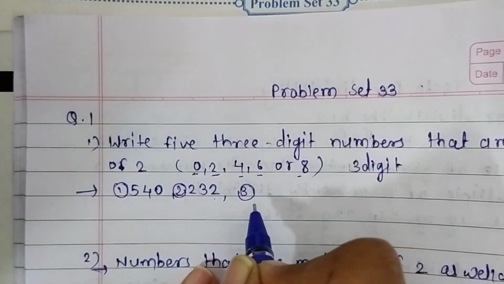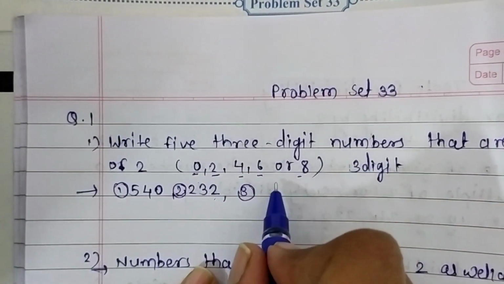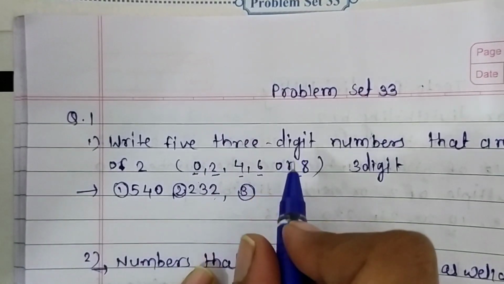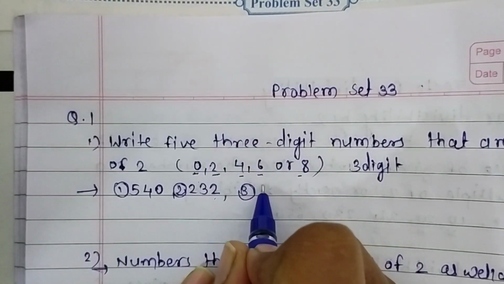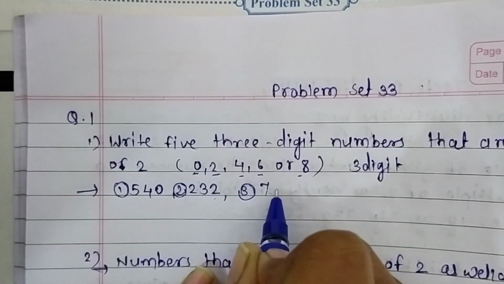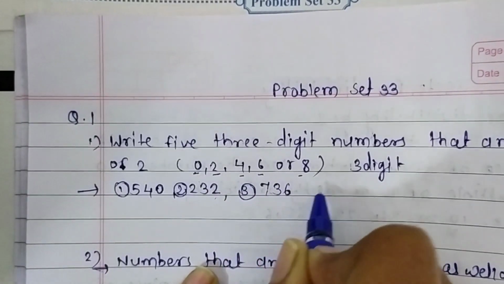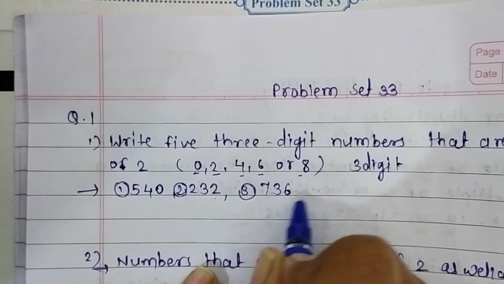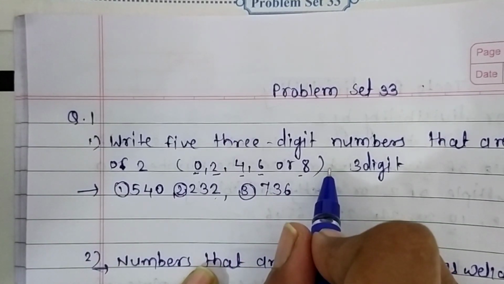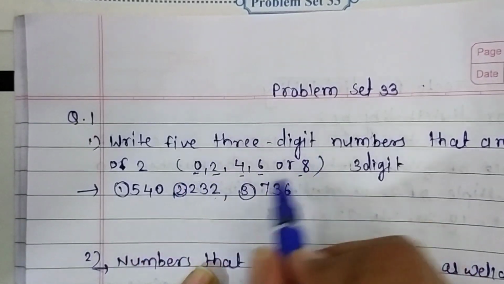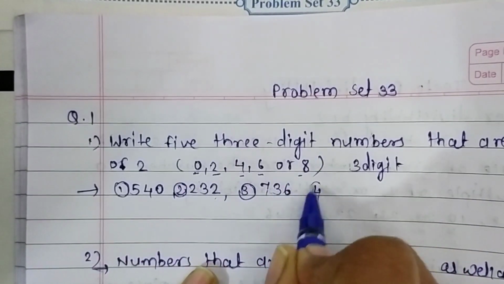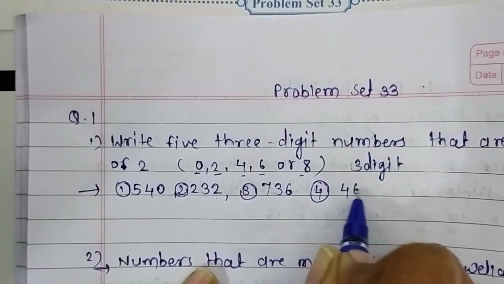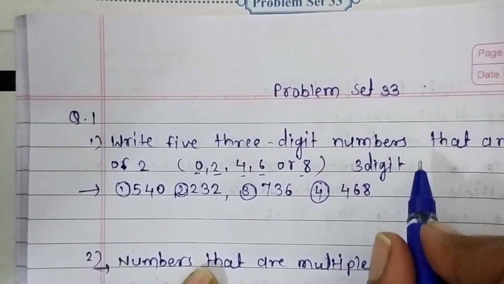They tell us to write 5 numbers which are multiples of 2. Let's write 736 here. This is a 3-digit number which is divisible by 2 or a multiple of 2. Then fourth is 468.